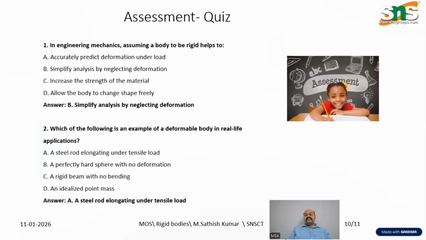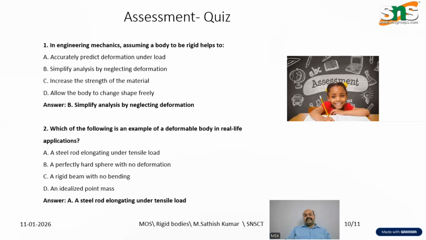And in the assessment part: in engineering mechanics, assuming a body to be rigid helps to, we have four options. One is accurately predict deformation under load, simplified analysis by neglecting deformation, increase the strength of the material, allow the body to change shape freely. So assuming the body to be rigid helps in simplifying the analysis by neglecting deformation. That is the right answer for this quiz.